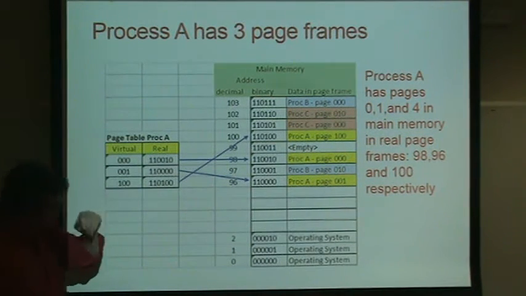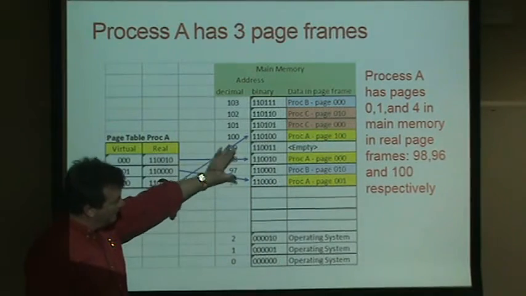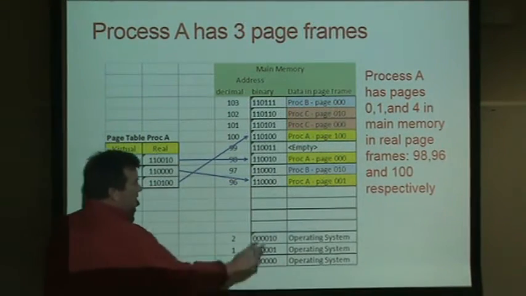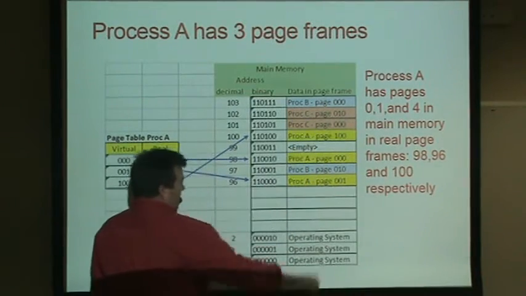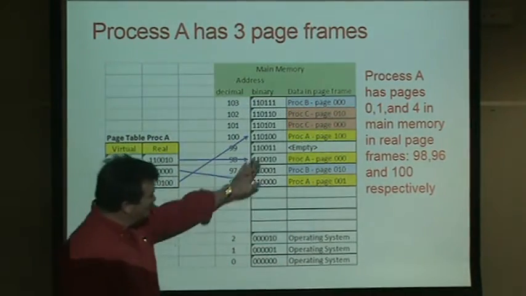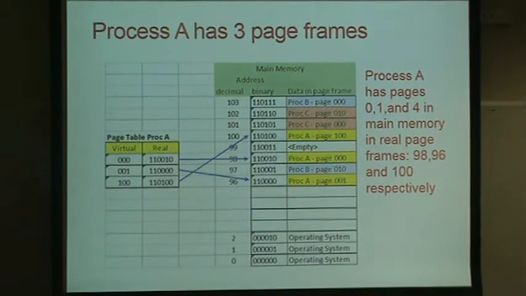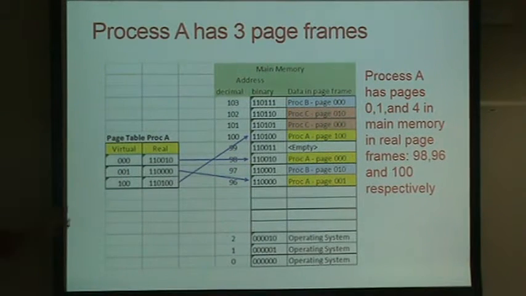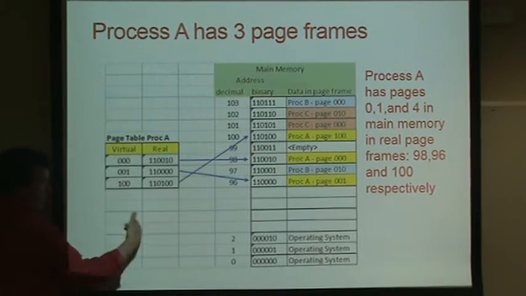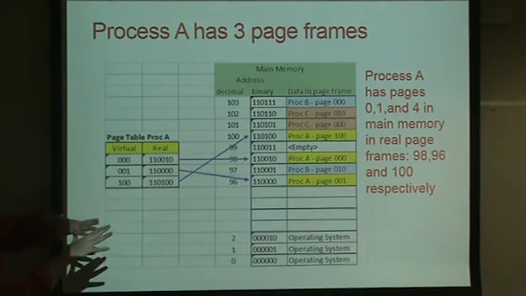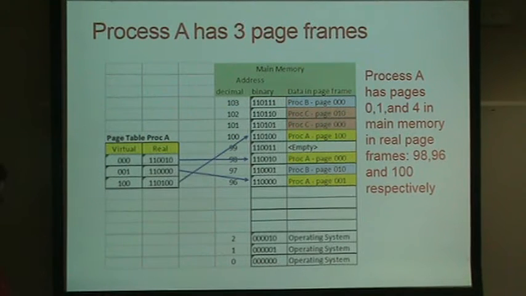Our program has more than 3 frames, but the operating system has only given us 3 because, as you can see, other programs are running. Process B has a page here and a page here. Process C has some. It happens to be an empty frame, but maybe that's dedicated for some other process. So at this moment, virtual page 0, 1, and 4 of our program are located scattered throughout memory.